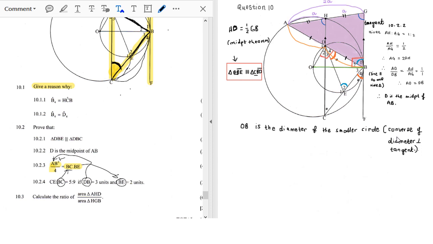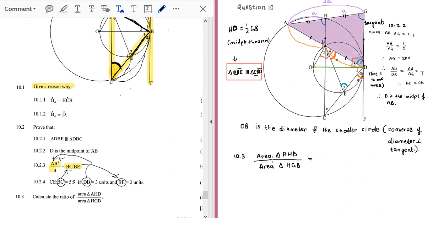Now for the last question, question 10.3. It wants us to calculate the ratio of the area of triangle AHD divided by the area of triangle HGB.